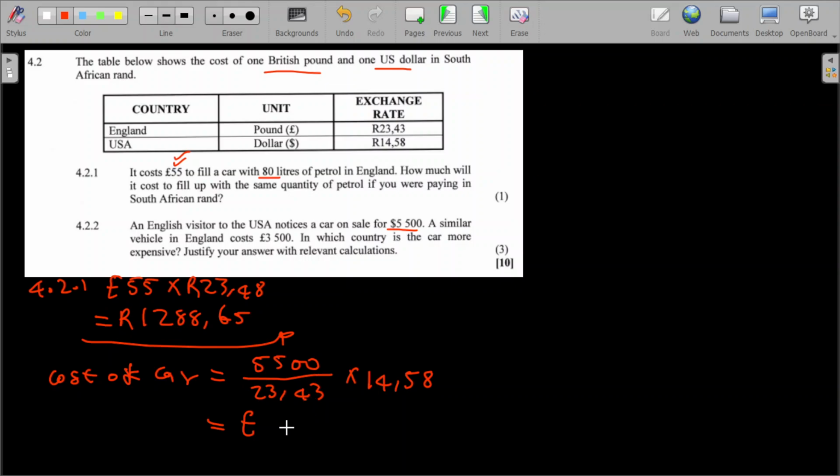In pounds it's costing 3,422.54 pounds. I hope you can see that the car is more expensive in England. The conclusion is very important: the car is more expensive in England.